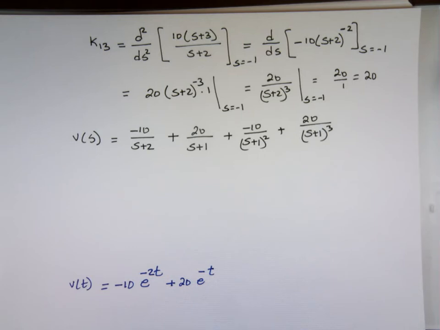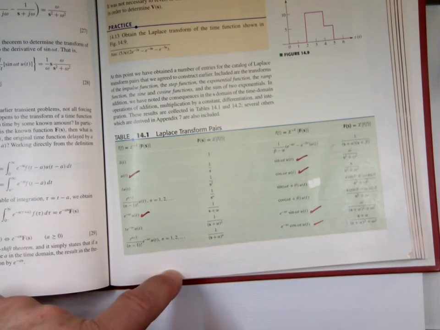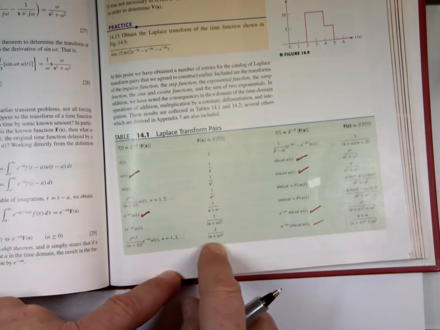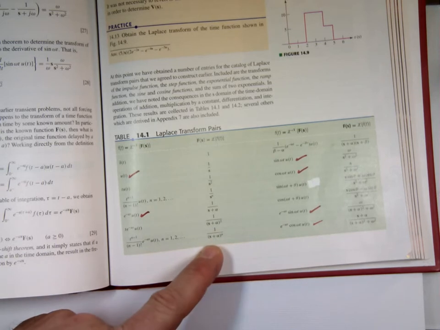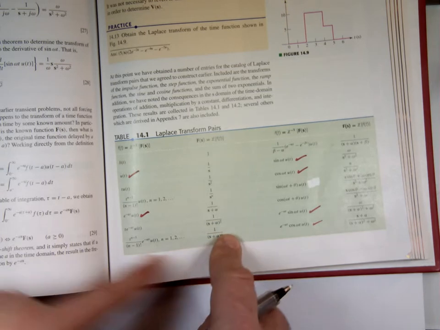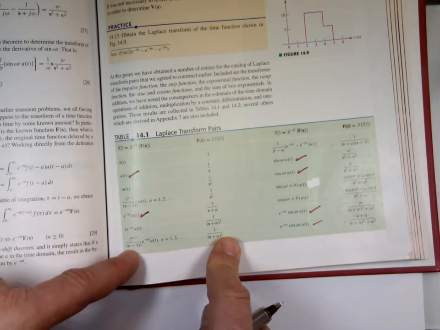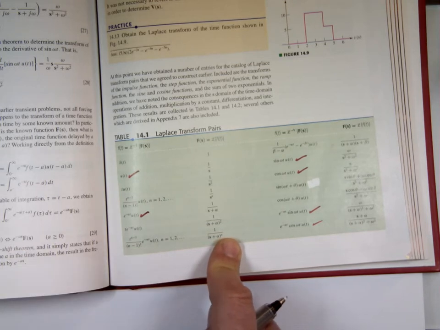I'm sure we have it in the book. Here we go. I put that chart on the screen last time, and it says if you have 1 over s plus a to the n, then the inverse Laplace will be t to the n minus 1 over n minus 1 factorial e to the minus alpha t. So let me write that equation there for you.